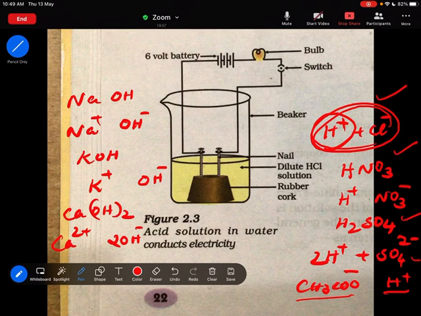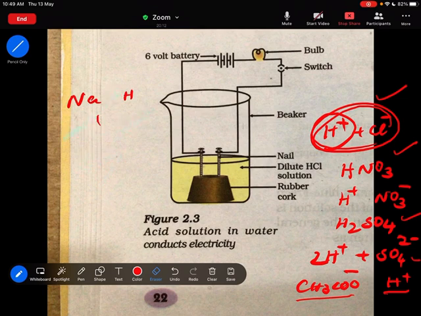Or if you take alcohol instead of this dilute HCl, or glucose solution or alcohol, the bulb will not glow. If it is acidic solution or basic solution, the bulb will be glowing.